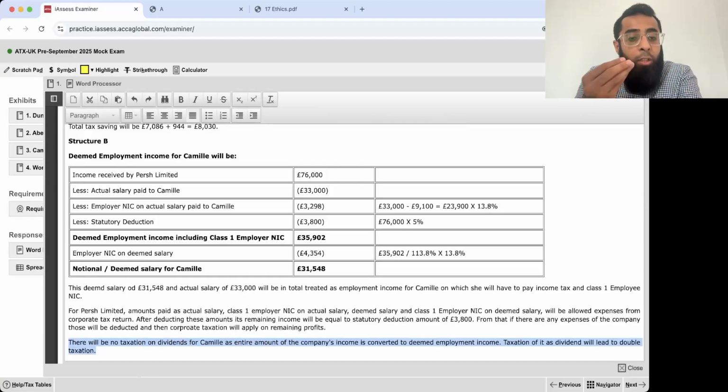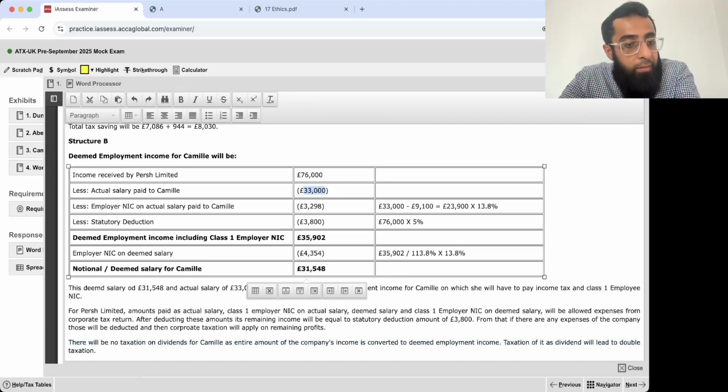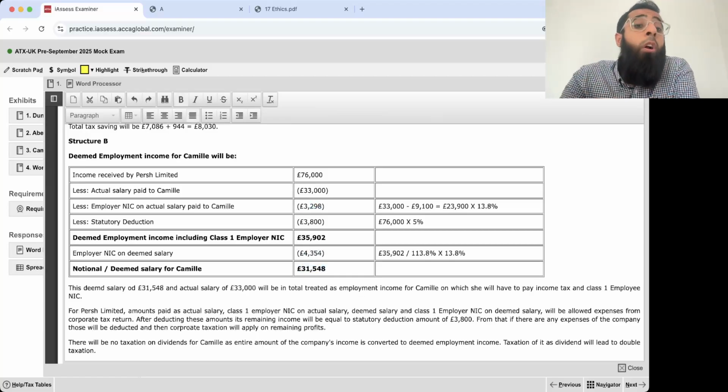Maybe in the normal world, the company may be paying the dividend to Camille. But for the tax purpose, there is no dividend left because the entire amount is converted to salary and NICs. So the company in the tax world does not have any amount remaining to pay the dividend.